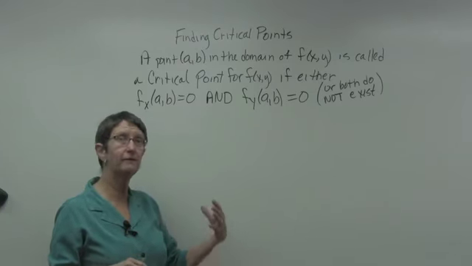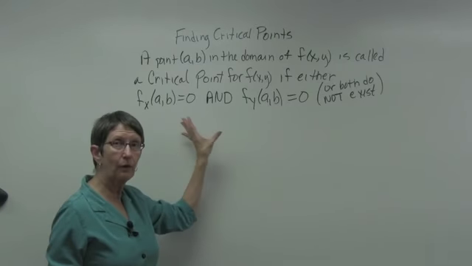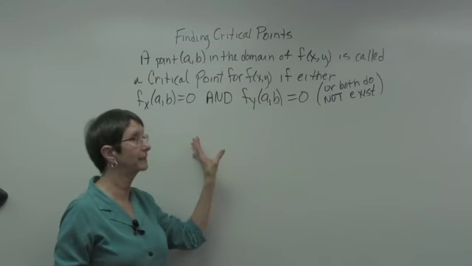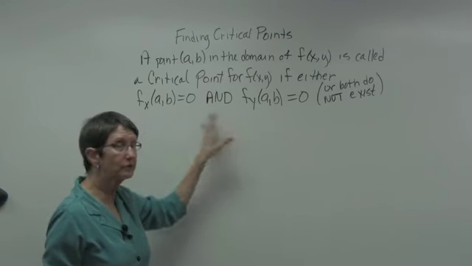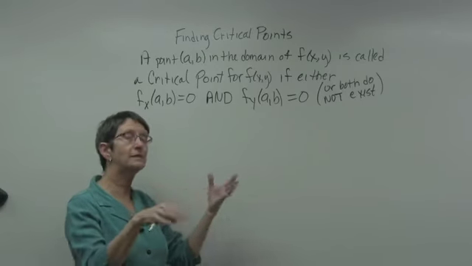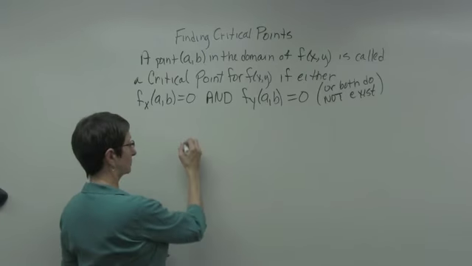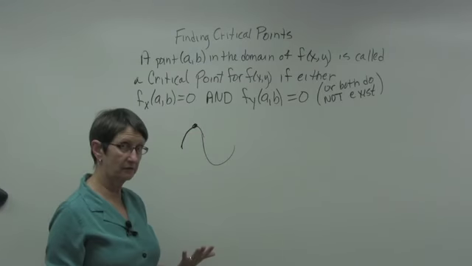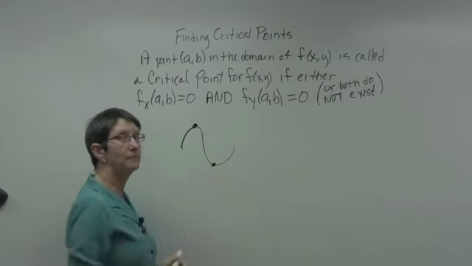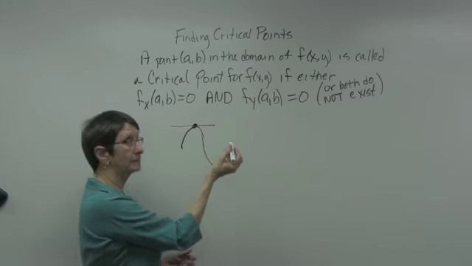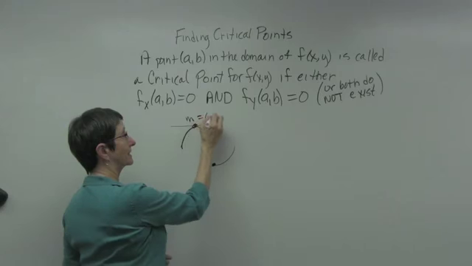Now, we won't be looking at the do not exist part. So when we have three-dimensional graphs or functions, even if you don't have a graph, in order to find out where you might have max or min or something new called a saddle point, both partial derivatives have to be solved together as a system. Now, this harks back to two-dimensional space. You have a relative maximum here, a relative minimum here, and horizontal tangent line, slope is equal to 0.